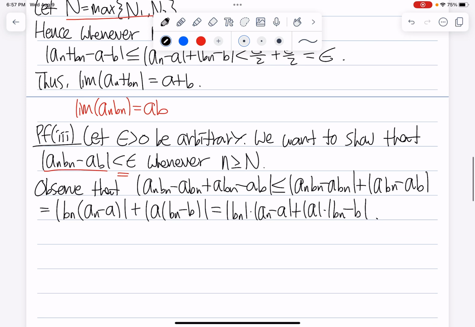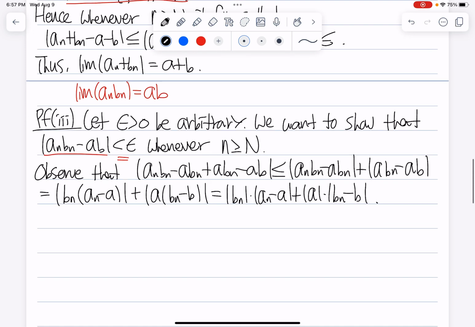All right, so we're seeing a similar pattern here as well. Notice that we can make |bn - b| and |an - a| arbitrarily small as we want, because the sequence an converges to a and the sequence bn converges to b. So we'll go with the easy part first.